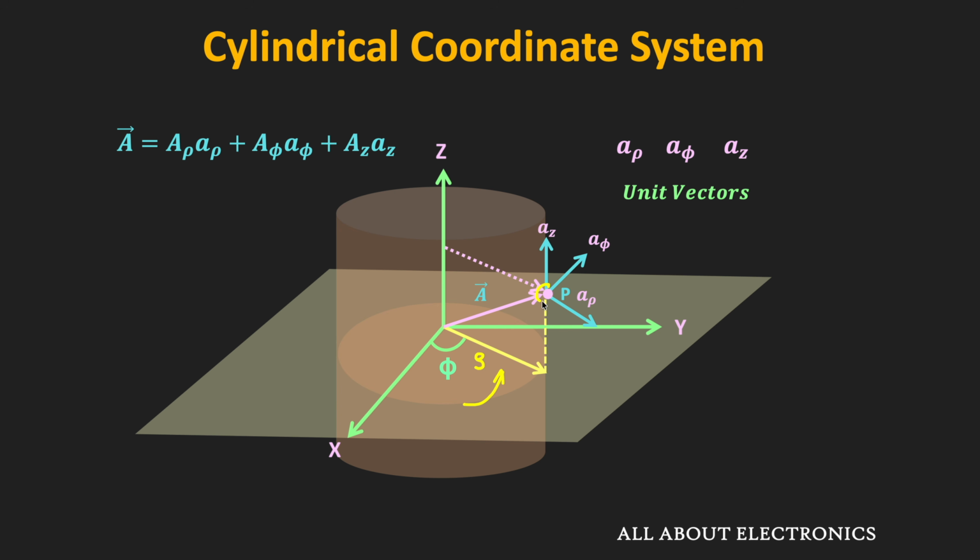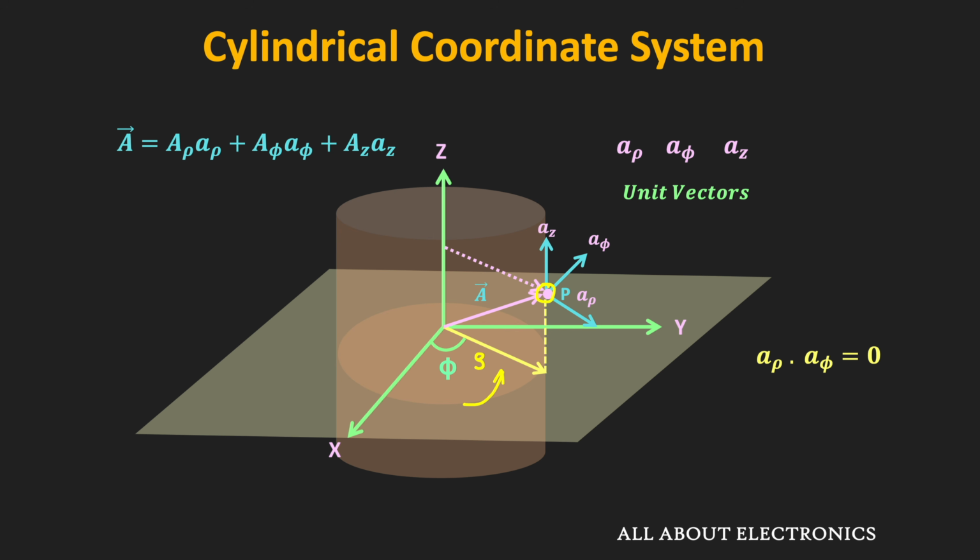At this point, if you see, a rho, a phi and a z are orthogonal to each other. That means all three unit vectors are perpendicular to each other. Because of that, if we take the dot product of any two unit vectors, then that will be equal to 0. In the earlier video on the dot product, we have seen that if two vectors are orthogonal to each other, then the dot product will be 0.